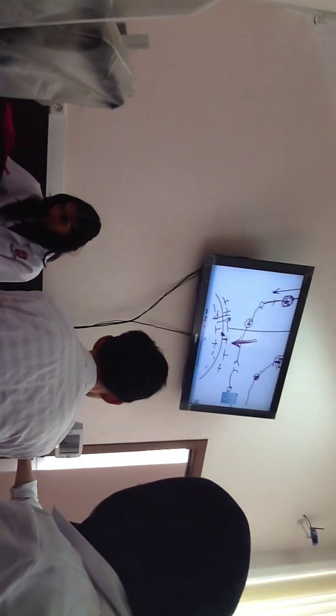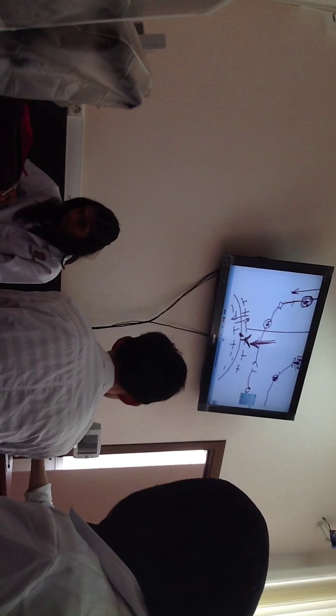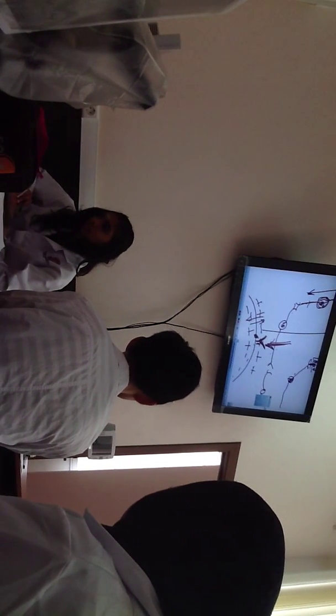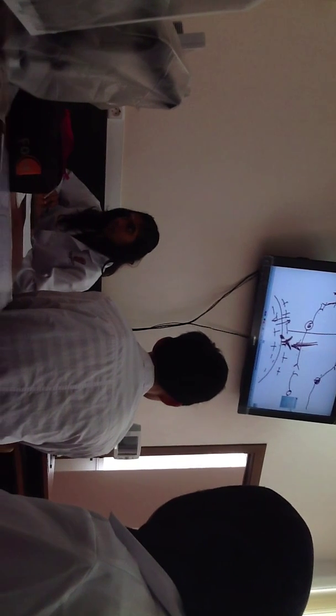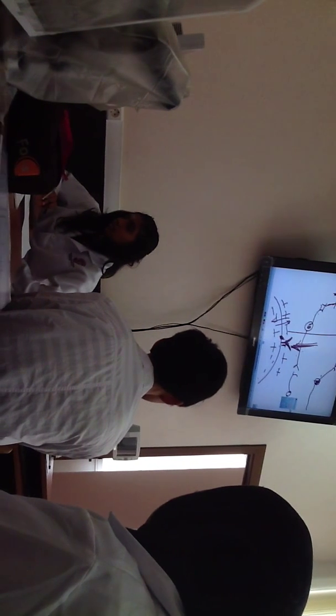These pancreatic cells produce the hormone insulin. And this hormone can react with the receptor on the membrane of the hepatocyte. So the hepatocyte has receptors for insulin.